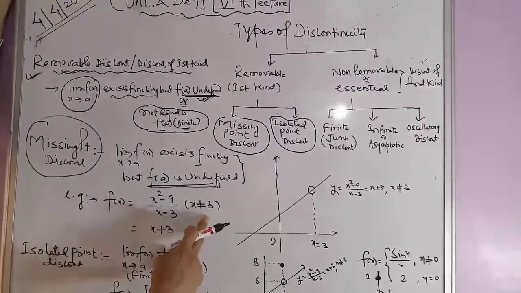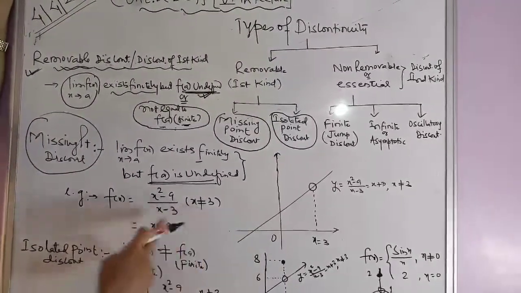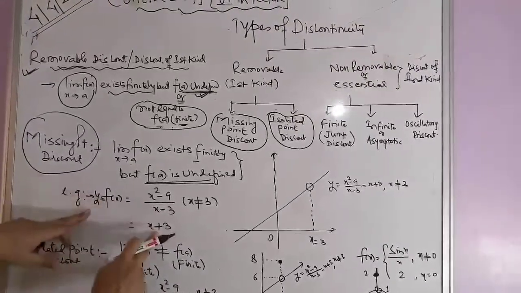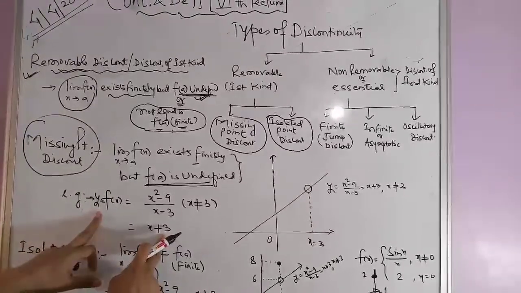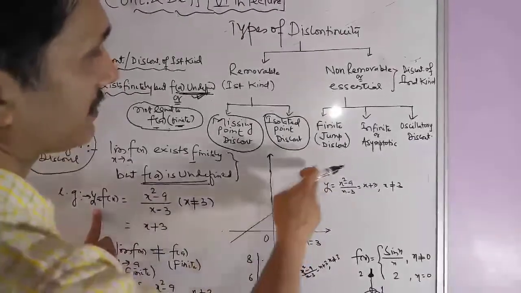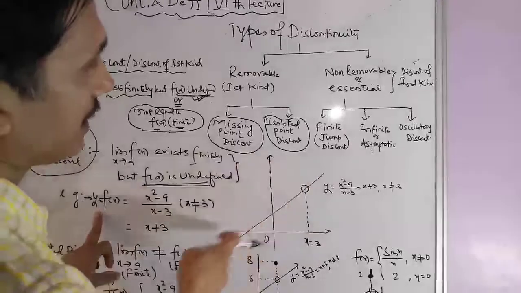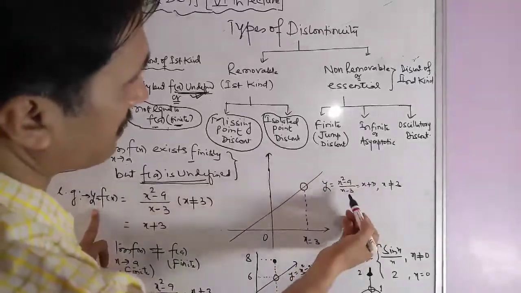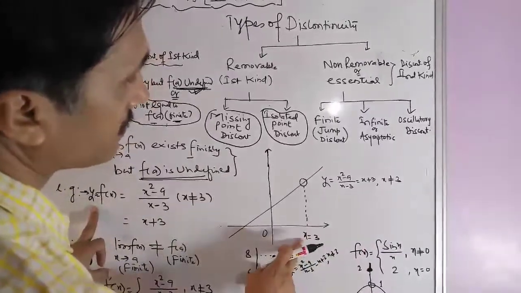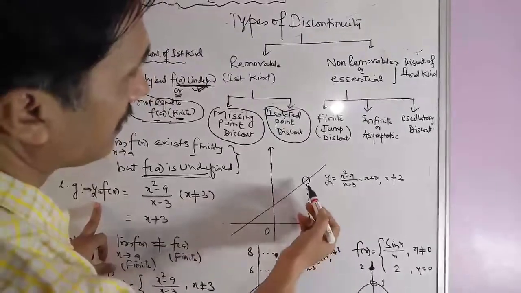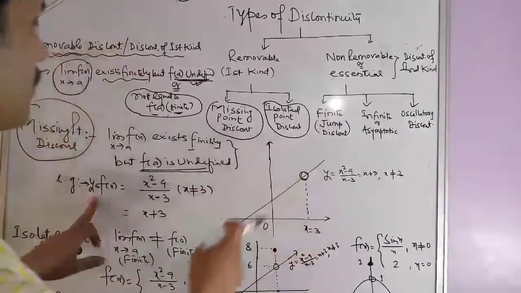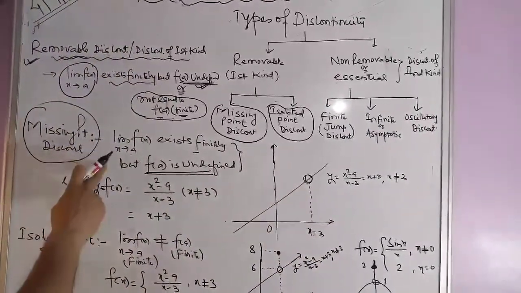Cancelling out the x minus 3 factor from numerator and denominator, we have y equal f(x) equal x plus 3. We draw the graph of this line y equal f(x) equal x plus 3. This line represents y equal to x square minus 9 upon x minus 3, that is x plus 3, where x not equal to 3. Corresponding to x equal to 3, we have a gap or hole on this line. This type of discontinuity is called missing point discontinuity.